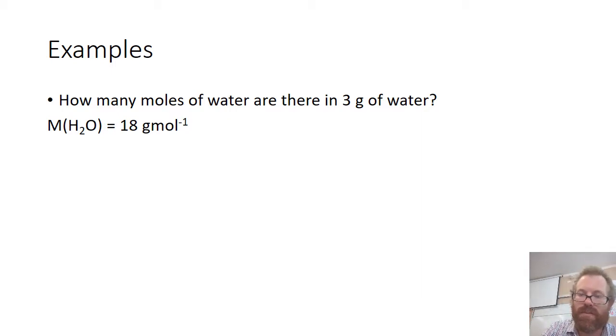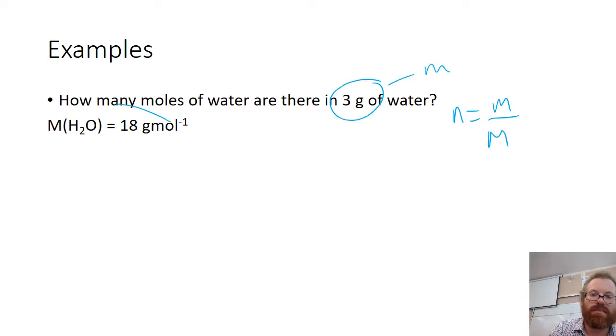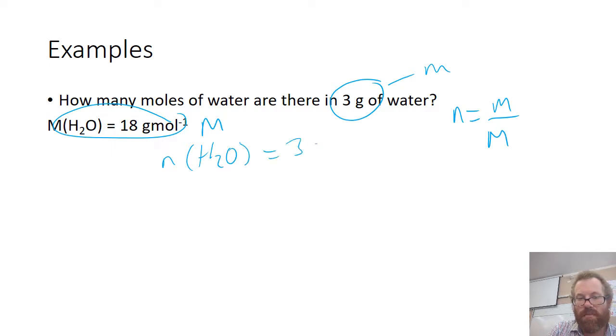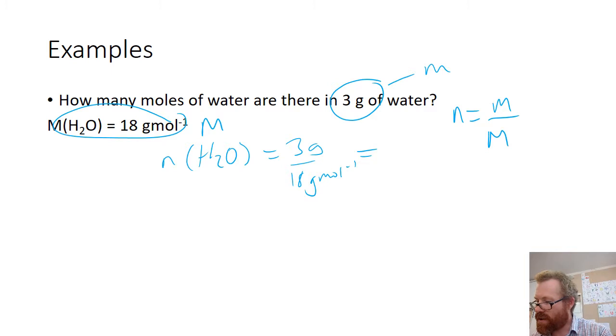So my formula, write that down first. n equals little m over big M. This here is my little m, this is my big M. So the number of moles of H2O, water, is 3 grams divided by 18 grams per mole. 3 divided by 18 is 0.167, rounding to 3 significant figures, moles.